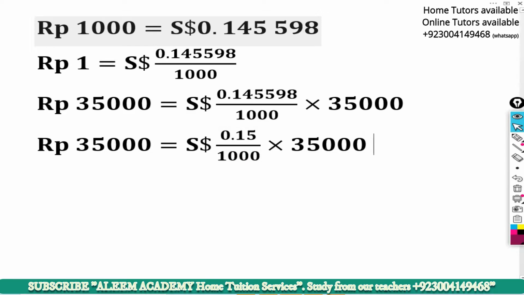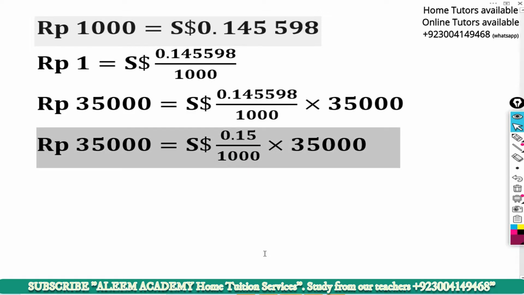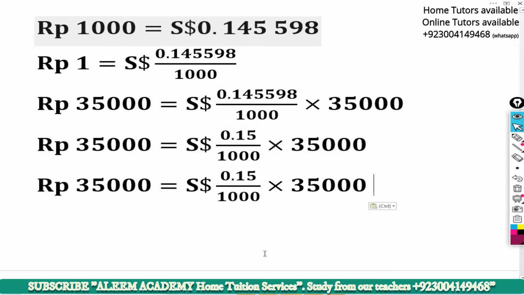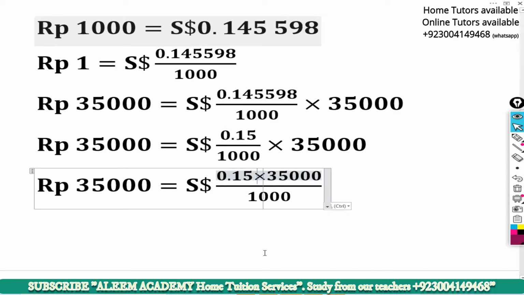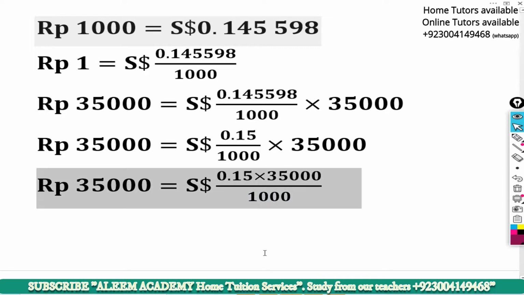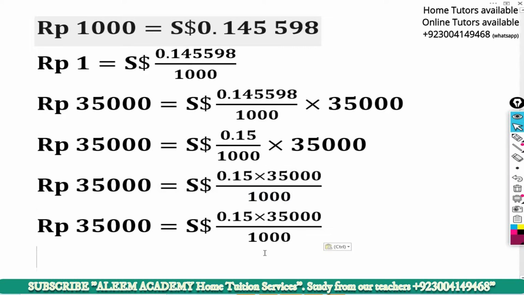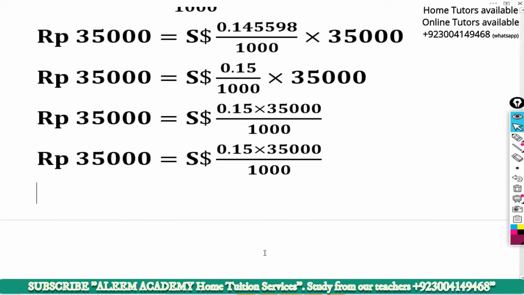Alright, so now what you can do is multiply this 35,000 with this numerator. And what happens when you remove the decimal?